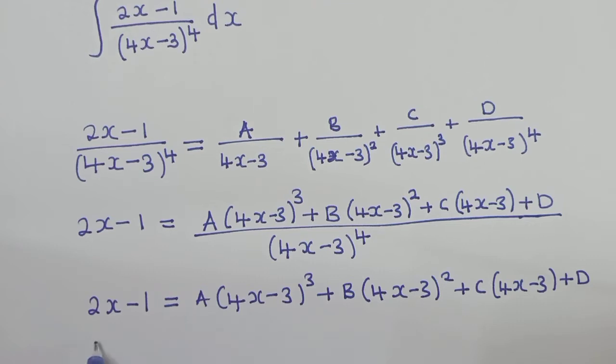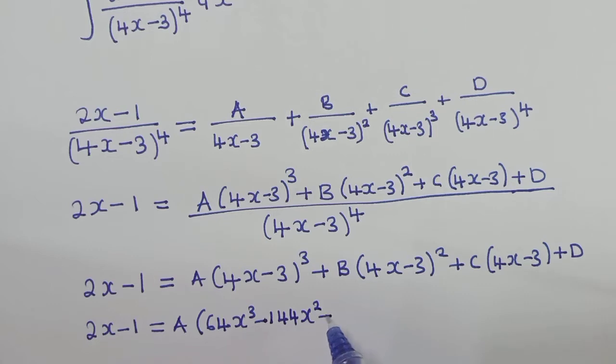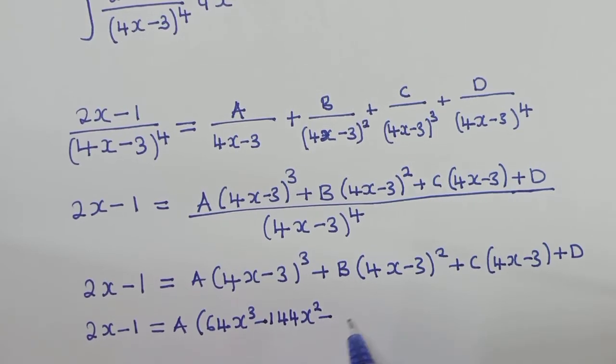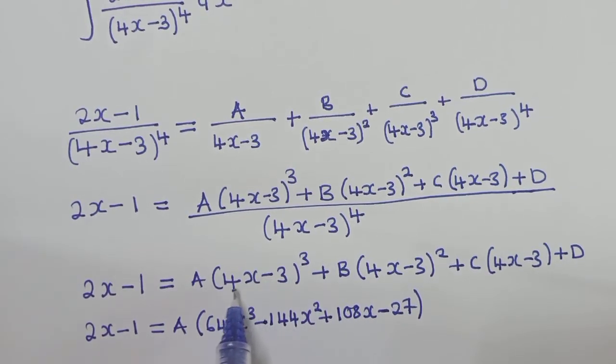So it will be like this. We have 2x minus 1, okay? That one is equal to A. Here we shall have 64x power 3 minus 144x power 2, and then plus 108x minus 27. So all these, when you distribute this power, okay, you work out, you get what I've gotten here.